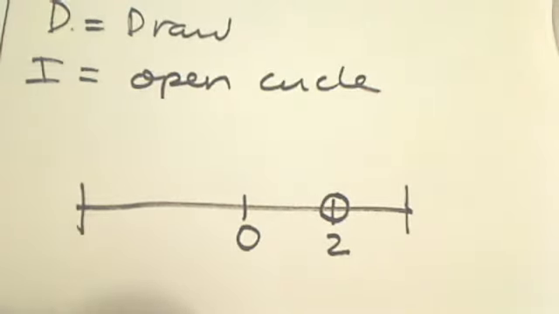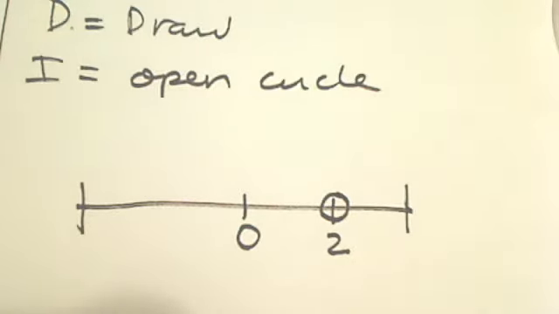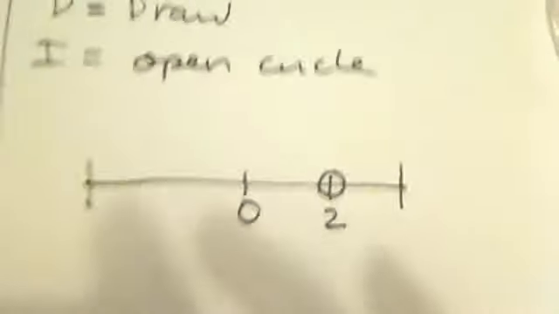The reason why the circle is open is because is 2 greater than 2? No. That is a false statement, right? 2 is equal to 2. We don't include the shading. We don't shade in 2 because 2 cannot be an answer. Right? 2 cannot be an answer.